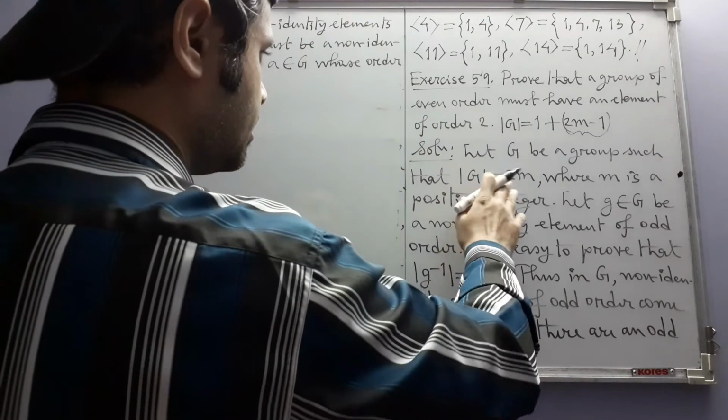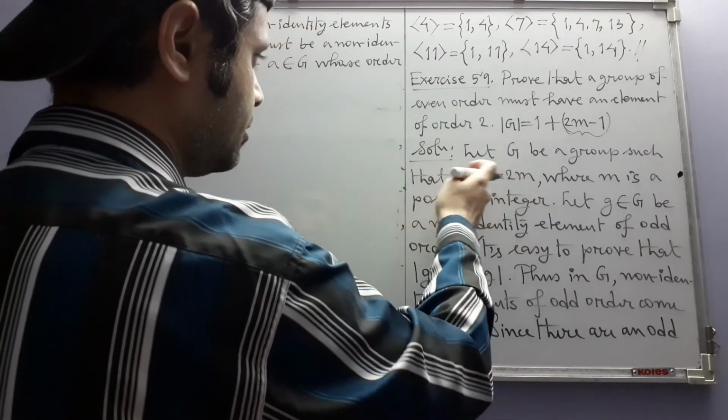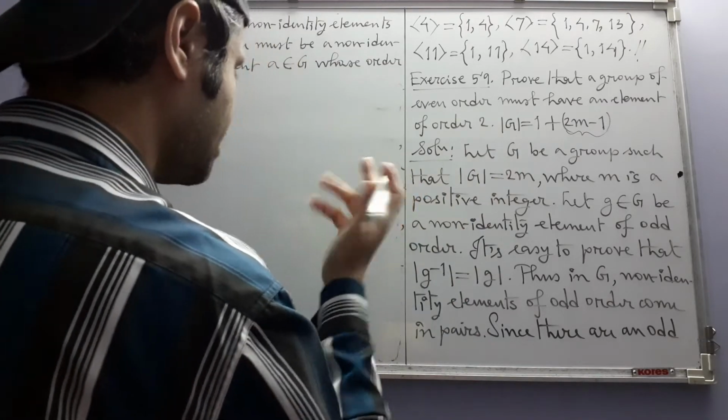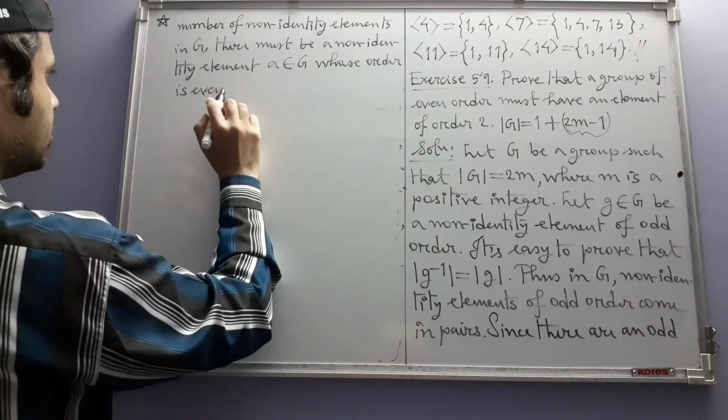Actually there is no need to write this part separately, but anyway, since we have written it, we don't want to change it. Whose order is even.